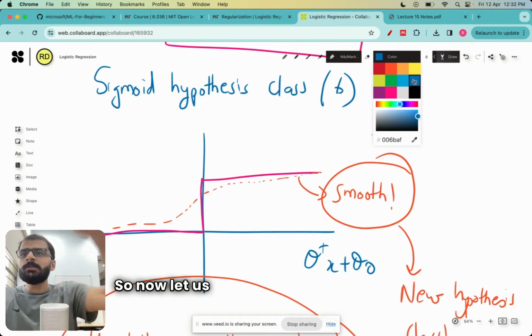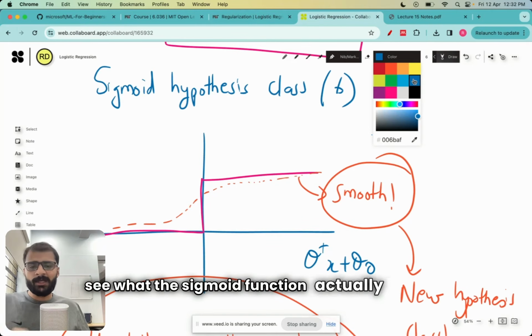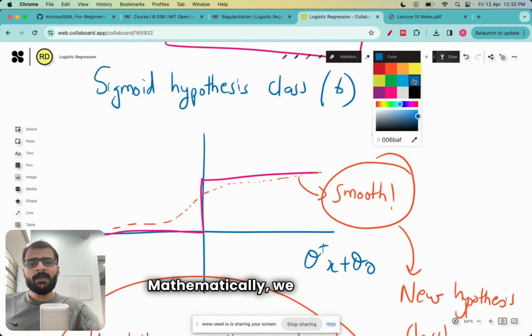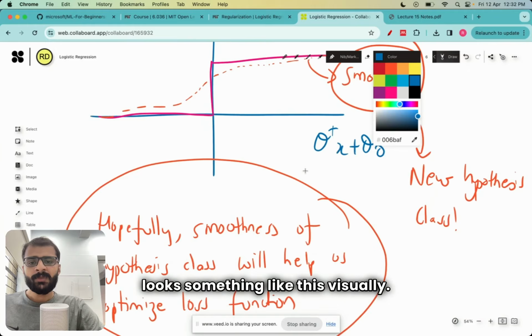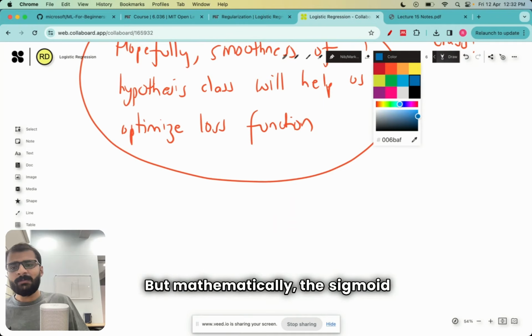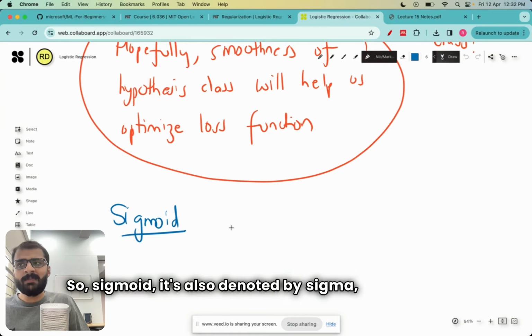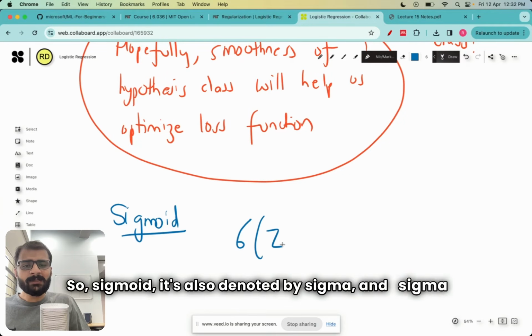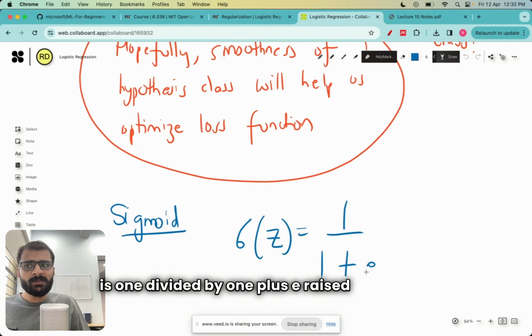Now let us look at what the sigmoid function actually looks like mathematically. We know it looks something like this visually, but mathematically the sigmoid function, also denoted by sigma, is: sigma of z is 1 divided by 1 plus e raised to minus z.